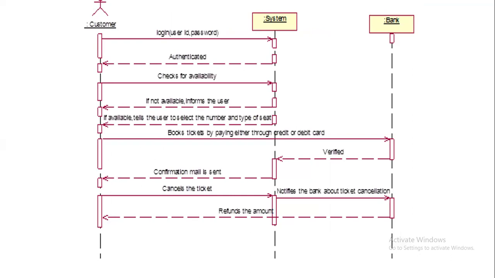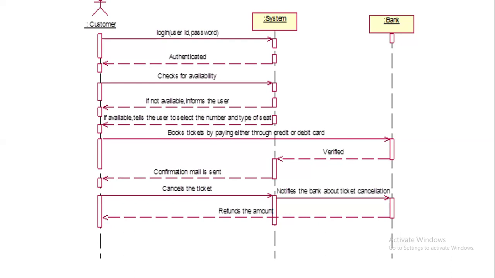In this, the customer is an actor, and system and bank are the classes. The customer initially logs in with his user ID and password to the system. The system authenticates whether it is valid or invalid. Then it checks for availability. If it is not available, the system informs the user it is not available.